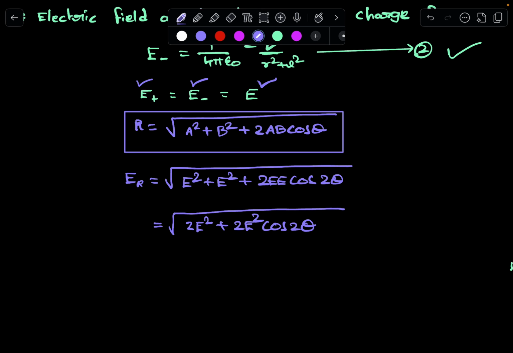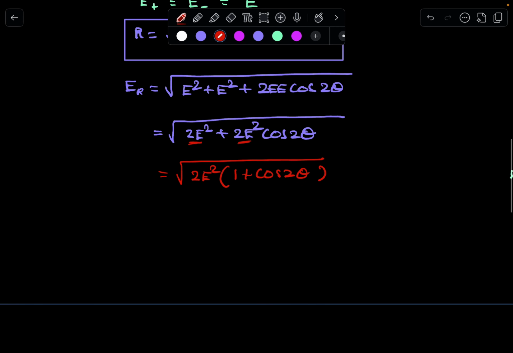From this, I'm going to take 2E square common outside separately. So 2E square into 1 plus cos 2 theta. In mathematics, 1 plus cos 2 theta we can write as 2 cos square theta.